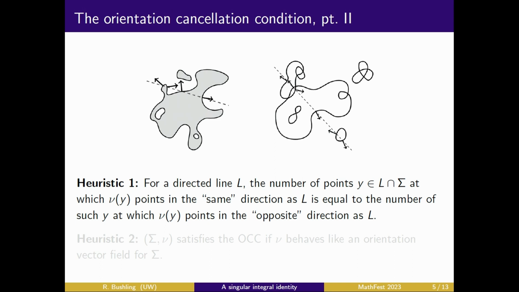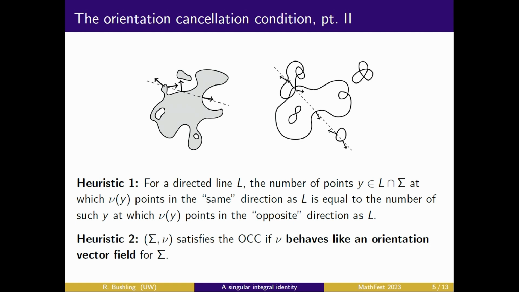So to recap, the first heuristic is that, when we fire a typical line through, we have the same number of vectors pointing in the same general direction as the line is opposite. Another heuristic is that nu behaves like an orientation vector field for the rectifiable set.